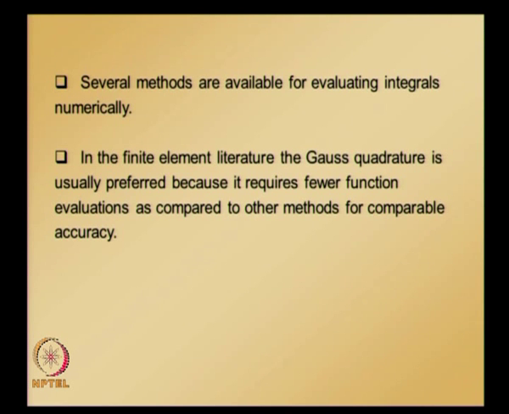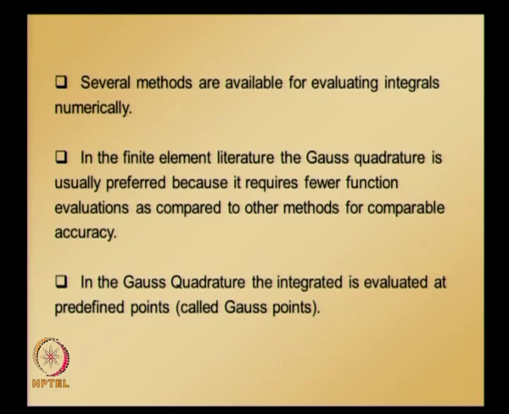In Gaussian quadrature, the integrand is evaluated at predefined points called Gauss points, and the sum of these integrand values multiplied by appropriate weights, called Gauss weights, gives an approximation to the integral.